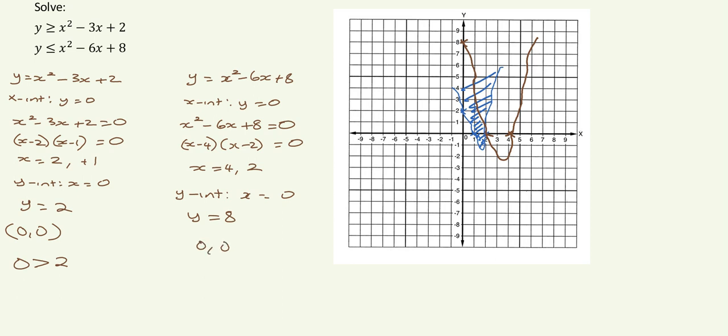We put the point 0, 0. So we're saying 0 is less than or equal to 8, which is true. And so any part of the graph that has the origin is going to be valid. So the region where the blue and the brown intersect is the region that satisfies this inequality.